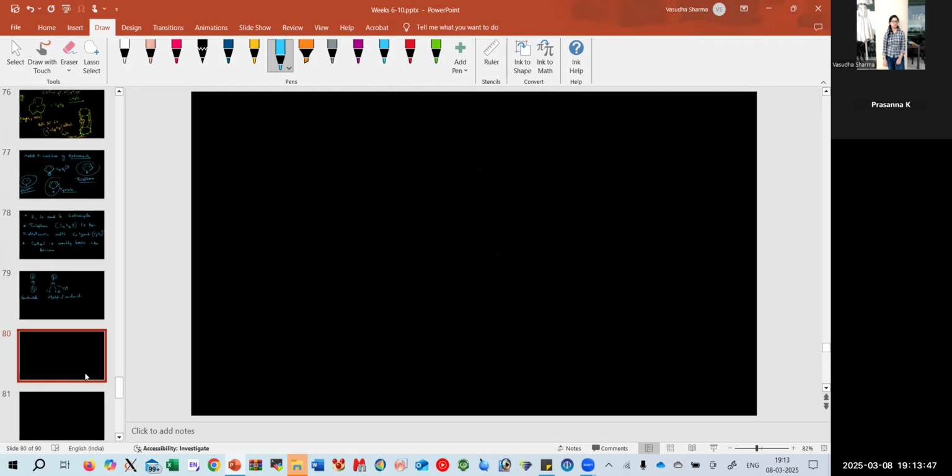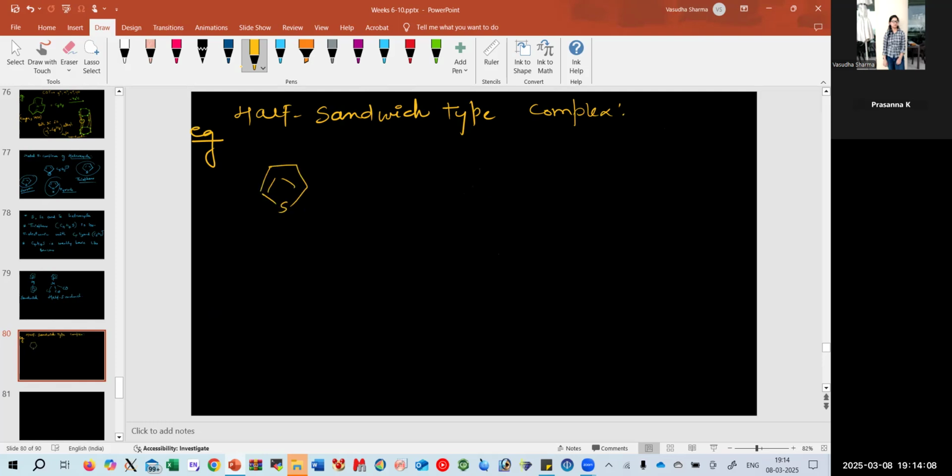Okay, so here what we are trying to say now, we need to see how it is being formed, the preparation. So this is a half sandwich type complex. We are taking thiophene, the liquid, and treating it with chromium carbonyl at 85 degrees Celsius.